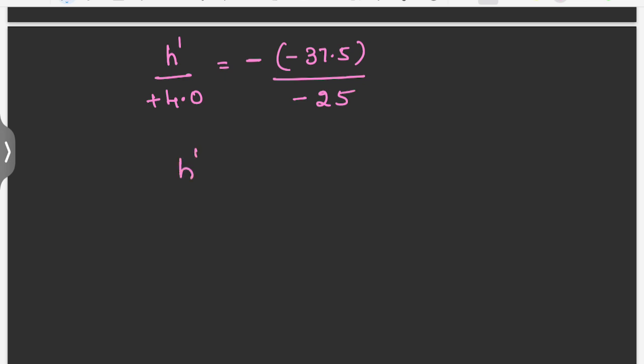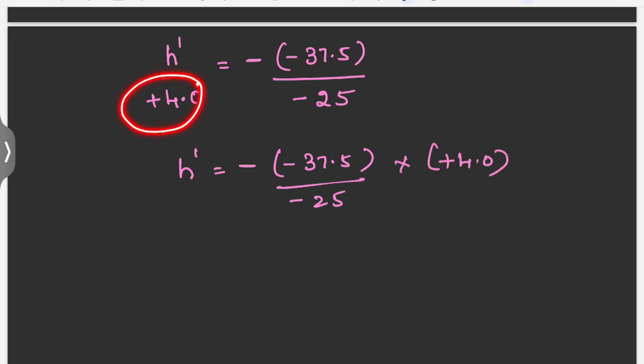So next step you take h dash is equal to minus 37.5 divided by minus 25 into plus 4.0.